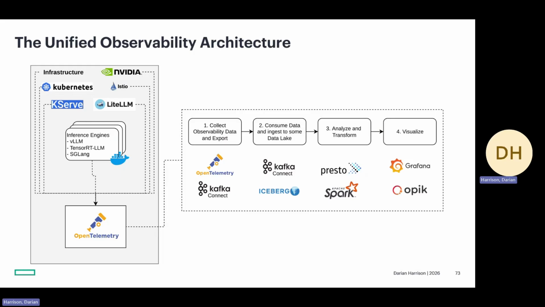What are the operational or infrastructure metrics that we want to capture? Kubernetes, are processes healthy, etc. And what does our network routing look like?